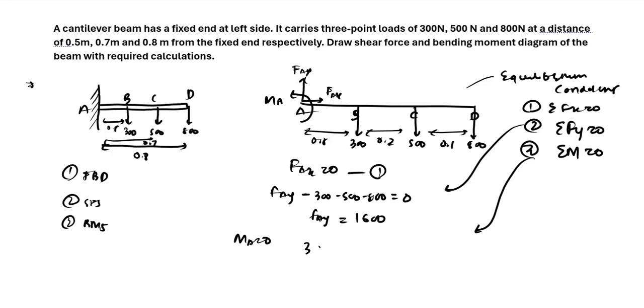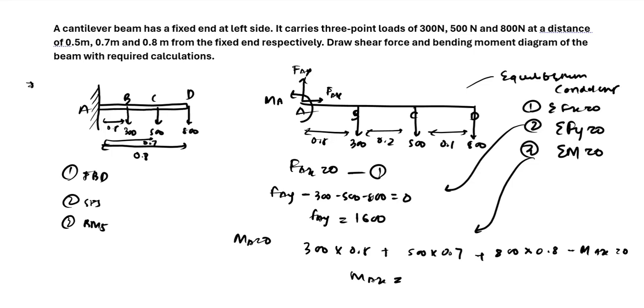We have 300 into 0.5 as the first moment in the clockwise direction. We are taking clockwise as positive, so that is why. Plus 500 into 0.7 plus 800 into 0.8, and minus MA, since we are assuming it to be anti-clockwise, so that is why we take it as negative.